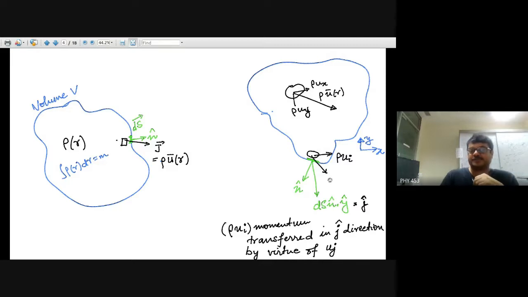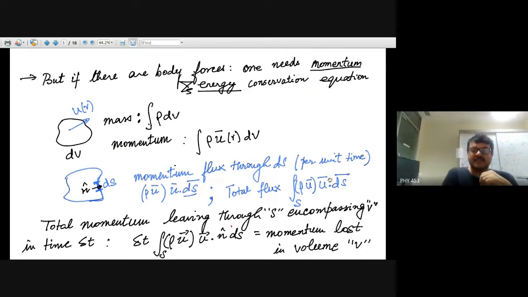That's the question you are asking. Hence, coming back, you have the rho u momentum. How much is it flowing in some particular direction, u dot dS, right? That's what you are asking.